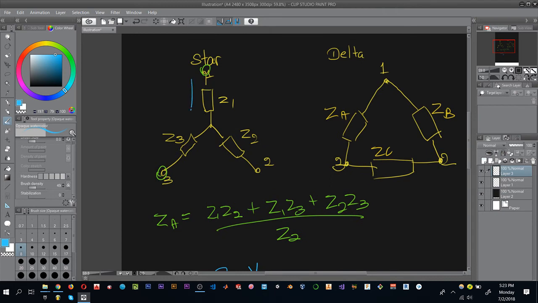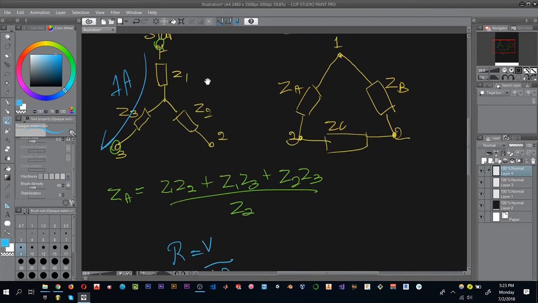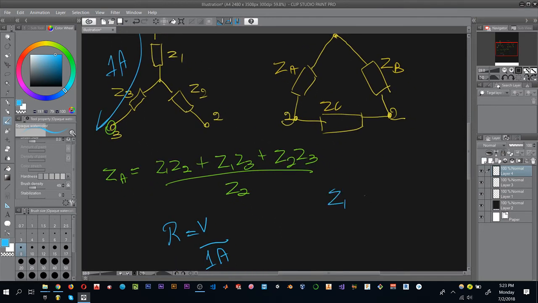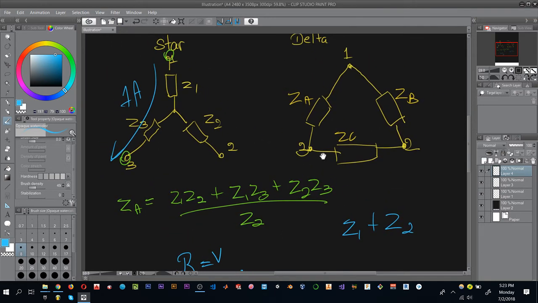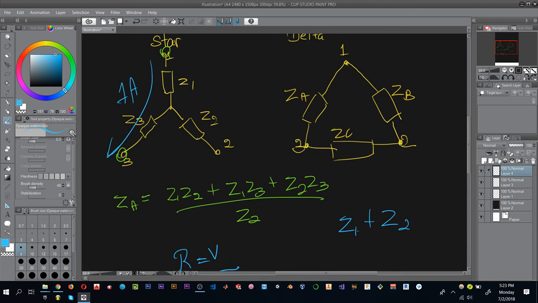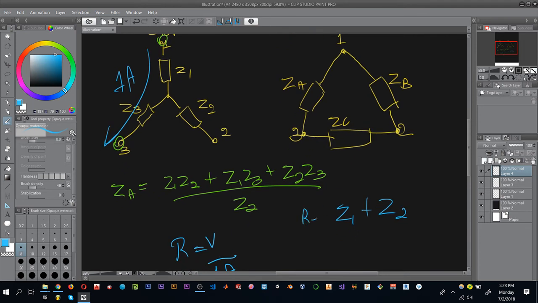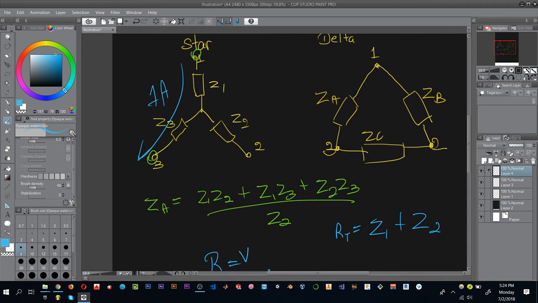So in this scenario, we imagine 1 ampere of current flowing through here, and then we try to get the resistance. If 1 ampere is flowing through Z1, then the equivalent resistance is Z1 ohms. So RT is equal to Z1 plus Z2.